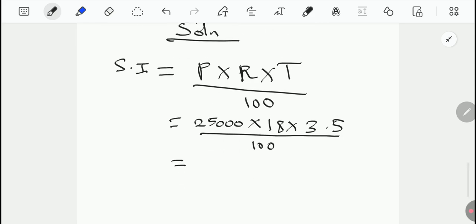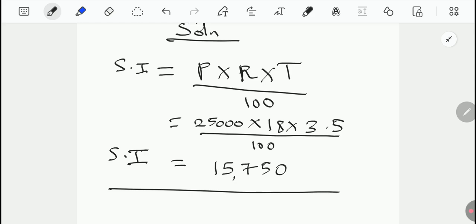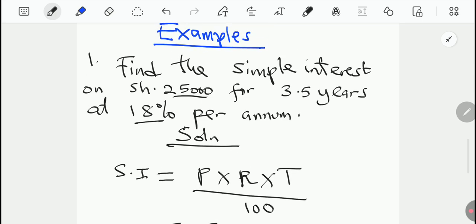You get 15,750. That's the simple interest. That person is supposed to pay back that amount of money. And of course it is in shillings. That's why I have to put that. Okay, that's that. You can pause the video and copy that.